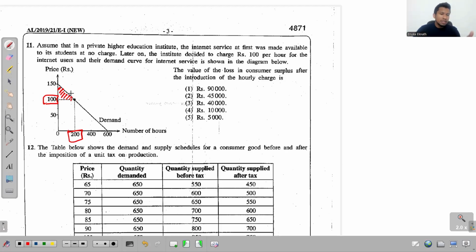See, previously it was this whole triangle, but now the consumer surplus is limited only to this smaller triangle. And they ask us to recognize the loss in consumer surplus.